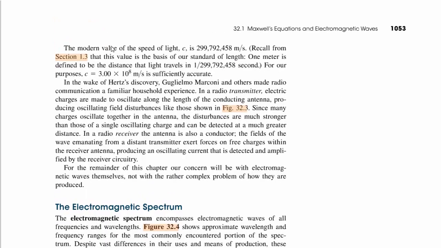We find that through combining Maxwell's equations, we get a speed of light of 3 times 10 to the 8th meters per second. And this is the speed of light in vacuum, which is constant and unchanging.